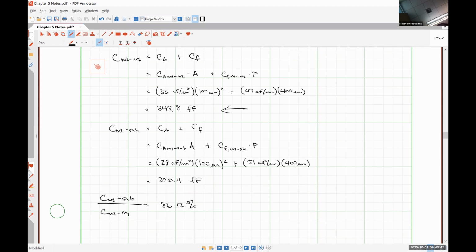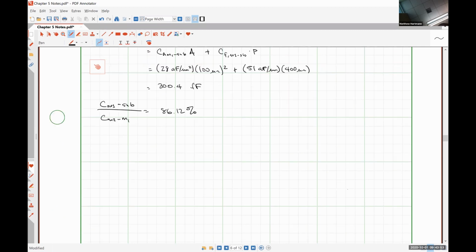So we're effectively doubling the desired capacitance by adding this extra layer, which makes sense because we're adding an extra plate of the same size.